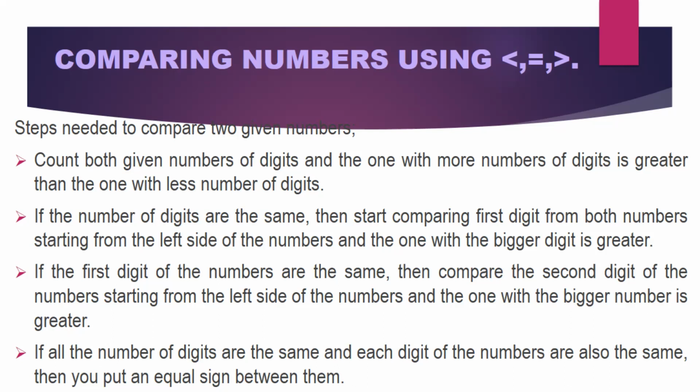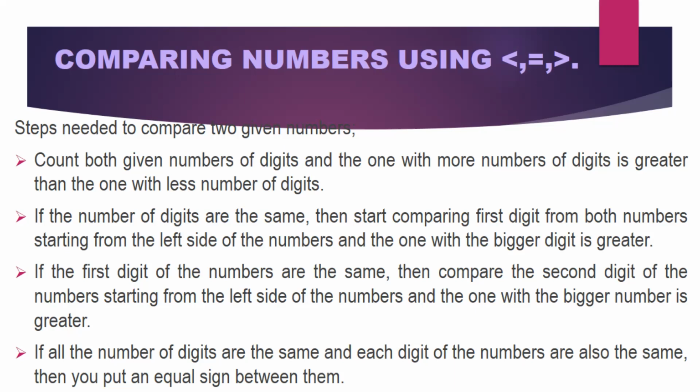You can't just compare any number just like that. Your comparison must follow a certain pattern. It must go with stated rules. Let's see the first steps that will be needed before you can compare given numbers or given quantities.